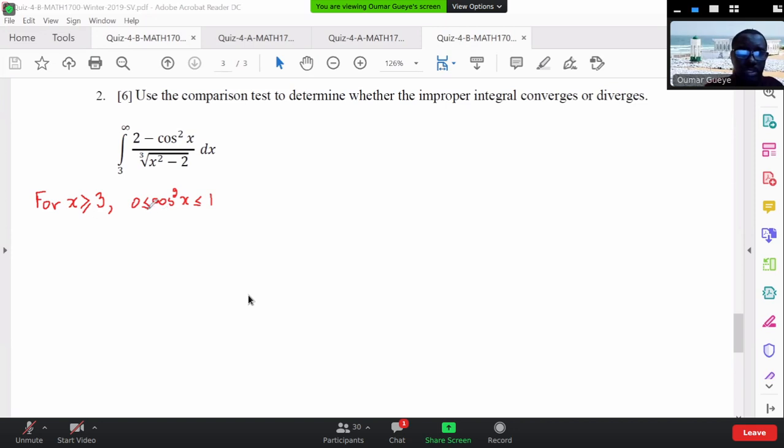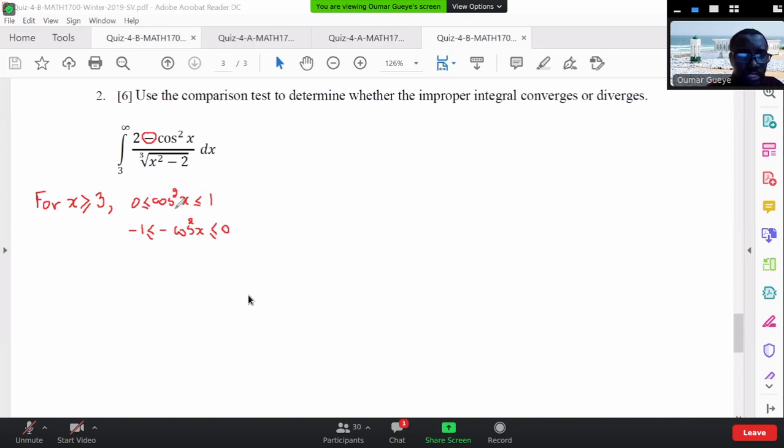Now, I'm going to multiply this by -1 because of this minus sign. I'm trying to squeeze my numerator. If you multiply by -1, you will get -1 less or equal to minus cosine square of x, which is less than 0, right?